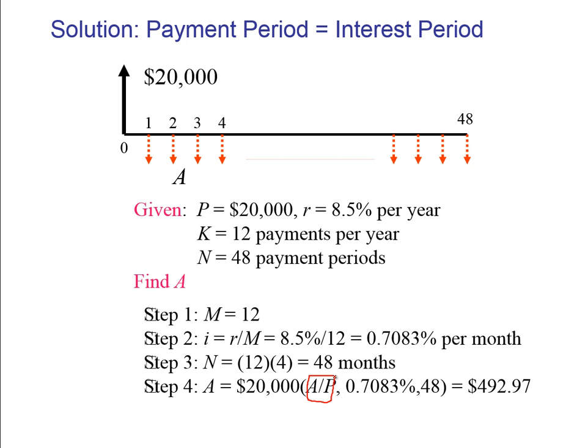You can find that in the book, which is going to be hard because we don't have 0.7083% in the back of the book, so you can use the mathematical calculations, the formula that we gave for annuity, and then you can find the annuity based on the given information, and you should have $492.97.